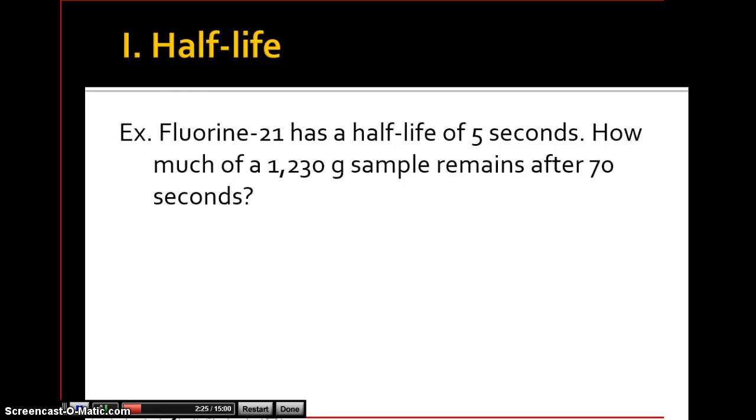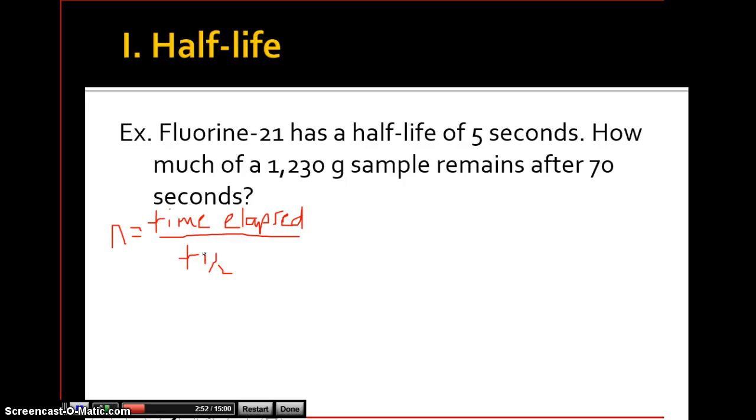So we are going to do an example problem. Fluorine-21 has a half-life of 5 seconds. How much of a 1,230 gram sample remains after 70 seconds? First, you'll want to write down both equations, and I always start with the little n one. So n equals time elapsed over half-life time, and you can abbreviate half-life time as t1/2.